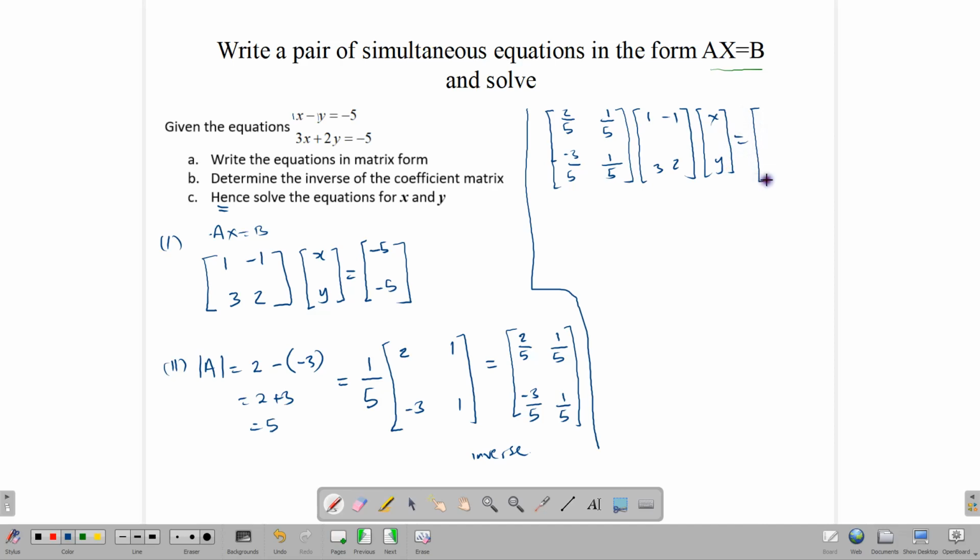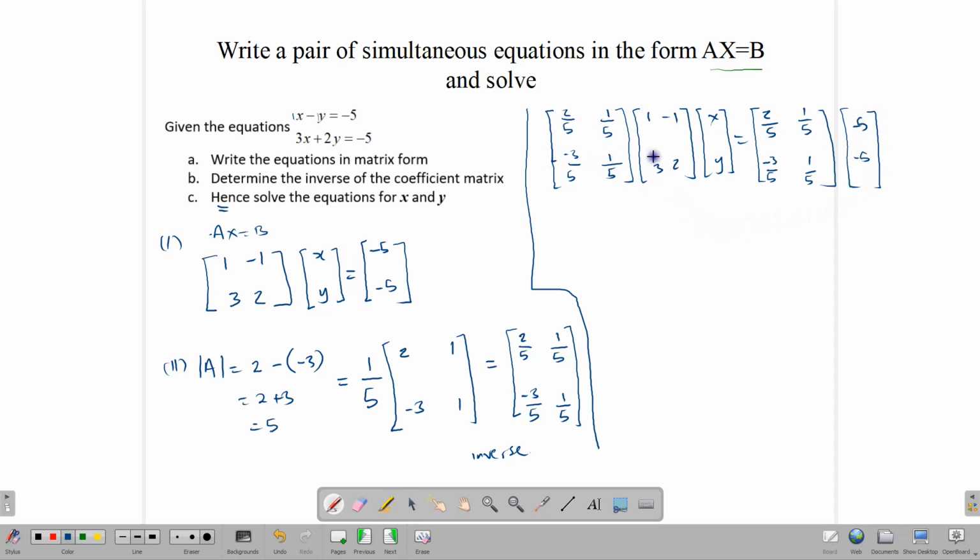So again, the inverse times this, so you multiply both sides by the inverse. So it's 2 over 5, 1 over 5, negative 3 over 5, and 1 over 5. And that again is multiplied by this matrix, negative 5, negative 5.